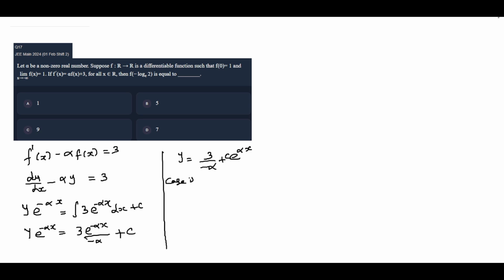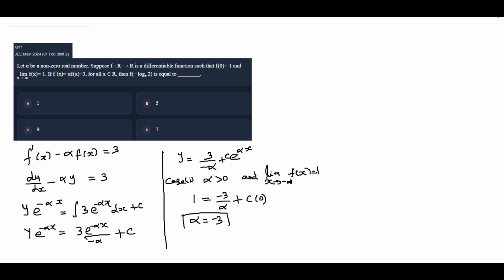Case 1, alpha greater than 0 and limit x tends to minus infinity f of x equal to 1. So f of x equal to 1, so 1 equal to minus 3 by alpha plus c into 0, which means alpha equal to minus 3.